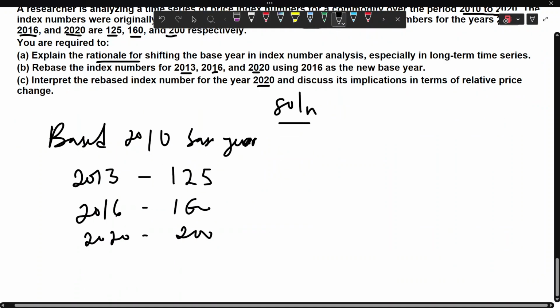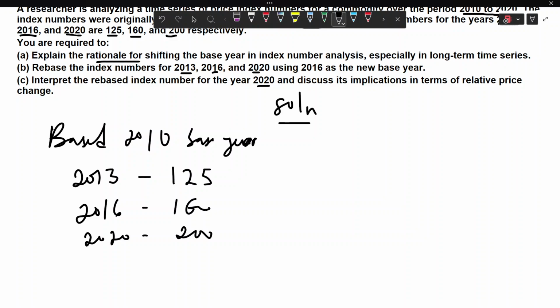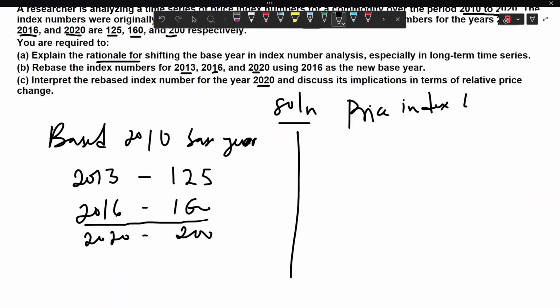So we have to rebase these price indices, which are based on the 2010 base year, to a new base year of 2016. How do we do that? So this is the price index based on 2016 as the base year.